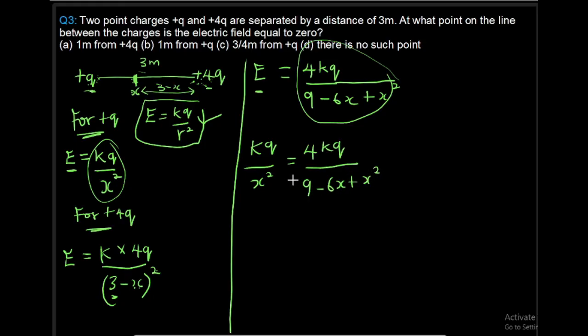Do not forget, the reason why we are equating both of them together is because the electric field for this charge at this point is 0, and the electric field for this charge at this point is also 0. So since both of them are 0, it simply means their electric fields at this point are equal to each other. So we equate this with this, and then we simplify.